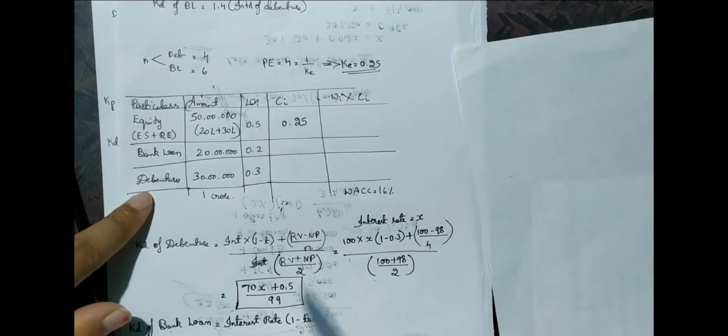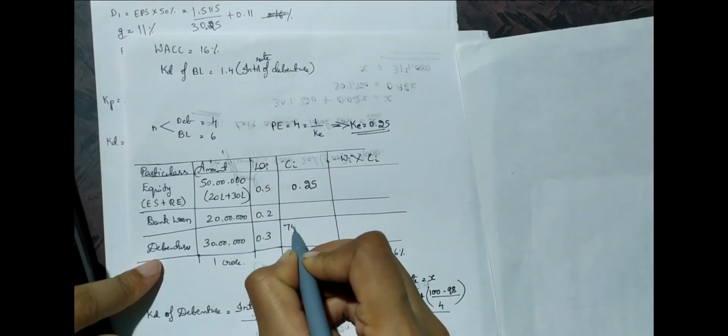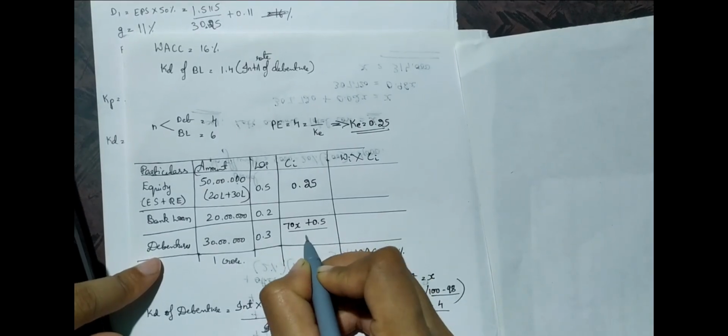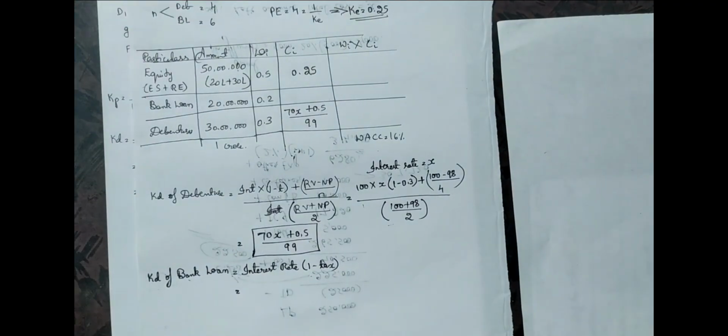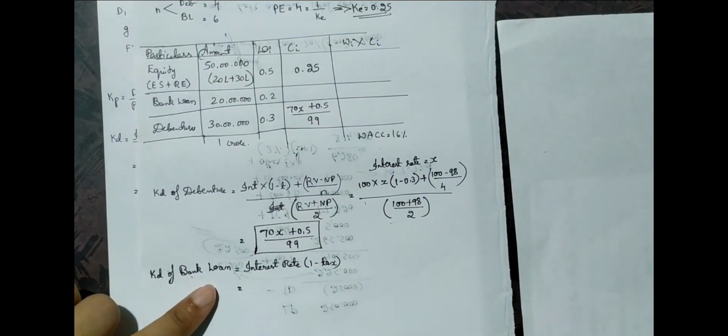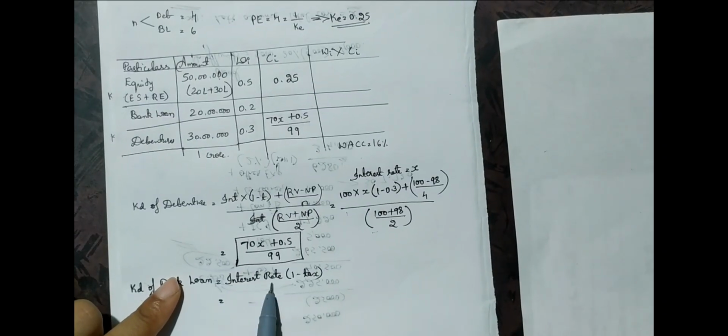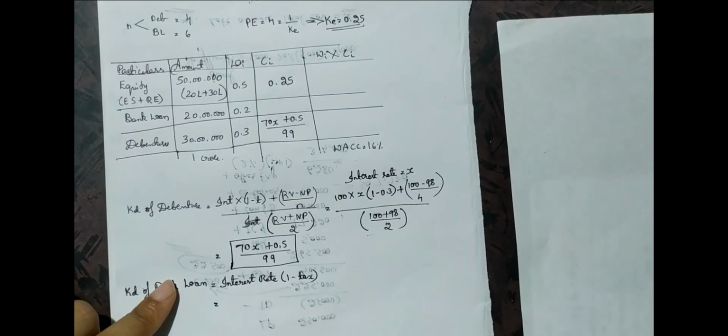Okay. So what is the cost of debentures? It is 70x plus 0.5 upon 99. And then for cost of bank loan, it is interest rate, never interest amount. So what is the interest rate? We just took it as x.